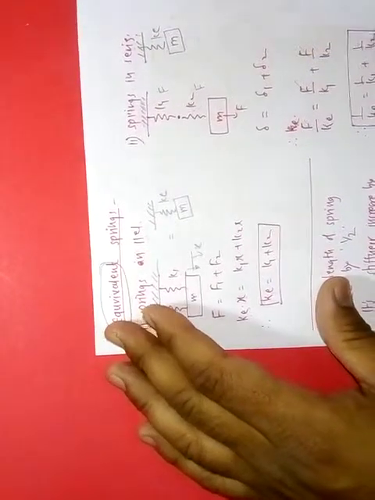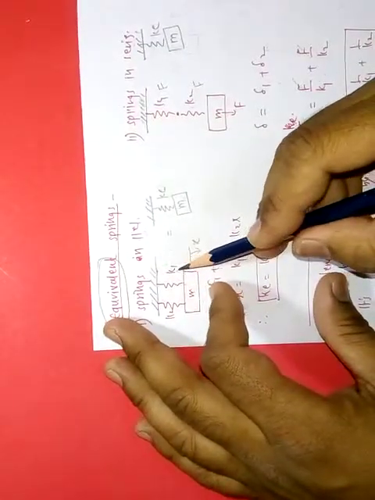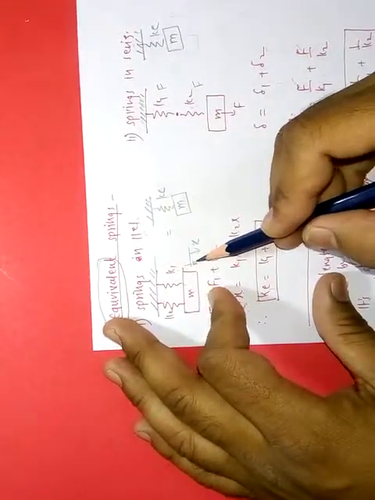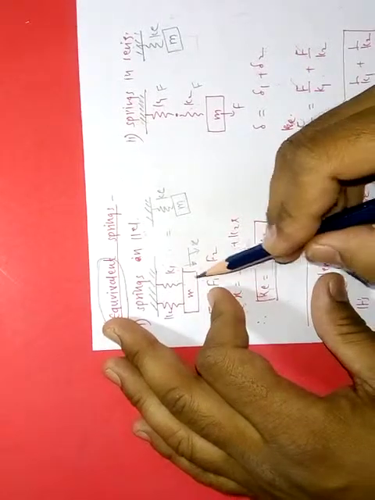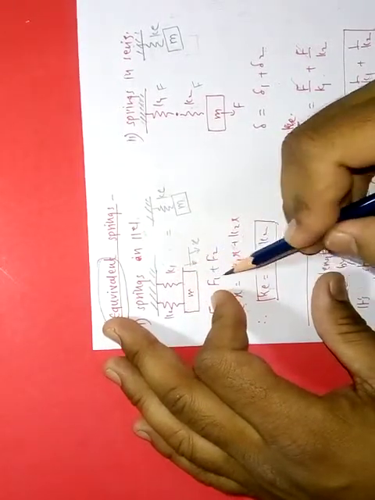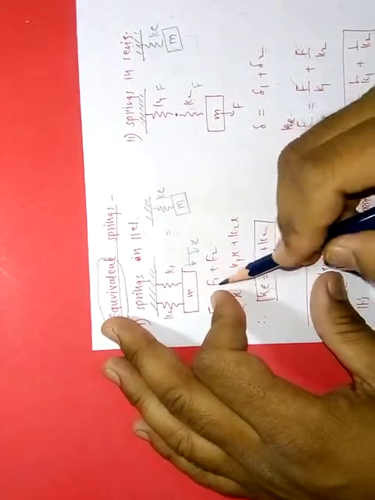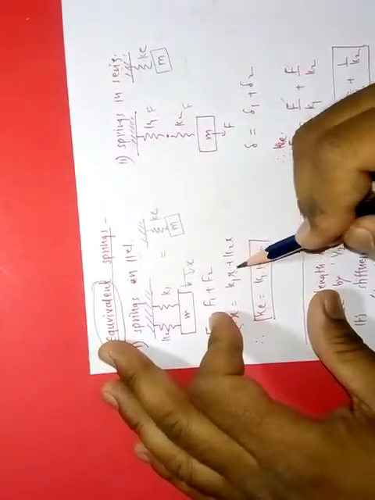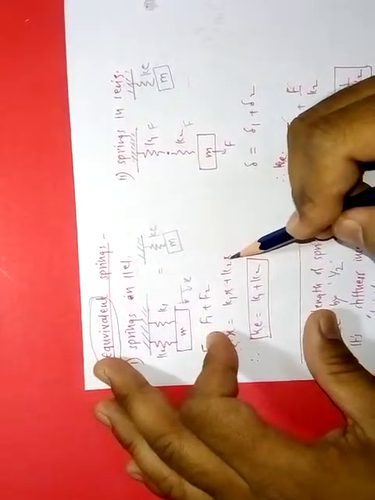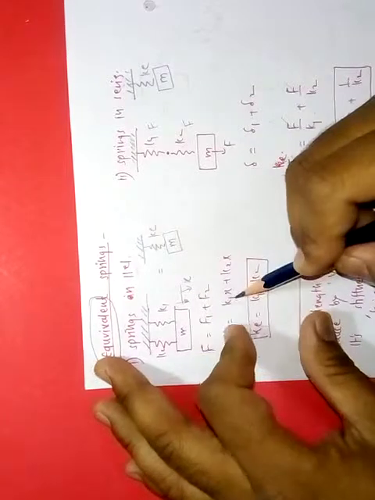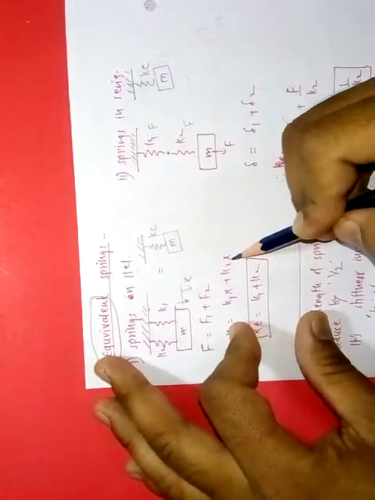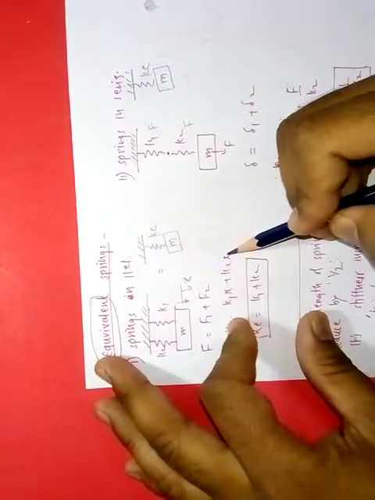So suppose we have applied force F here, then the total force is divided in two parts, F1 plus F2. The first spring force will be K1x, in the second it will be K2x. So total force is K1x plus K2x. Deformation is the same.